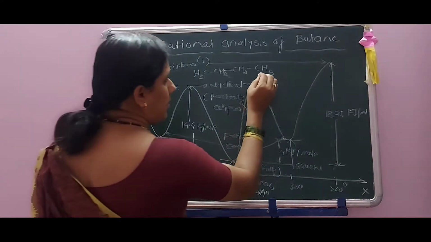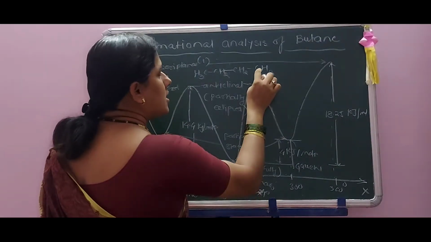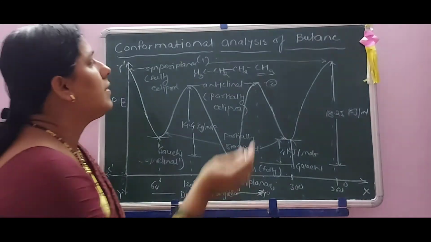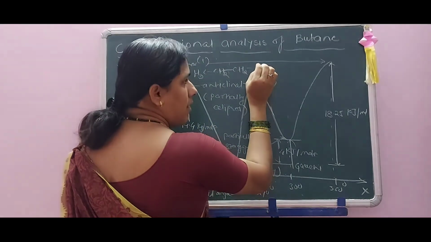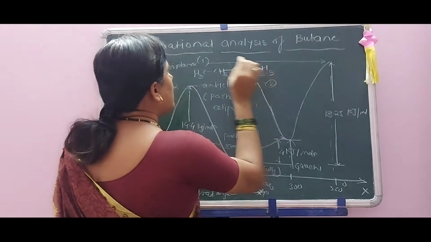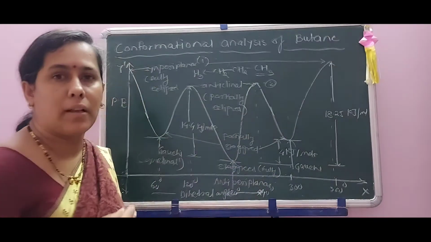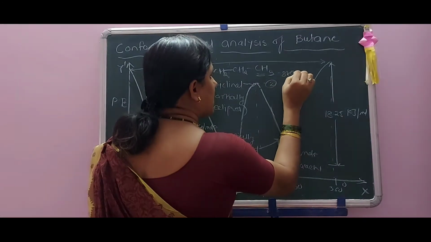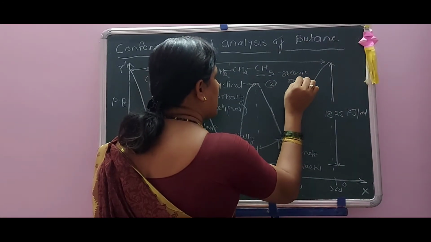Now the point to be noted is that here the CH3 group, that is the alkyl group, acts as a bulky group. When the rear carbon atom's bulky group is eclipsed by another bulky group, a steric strain occurs.